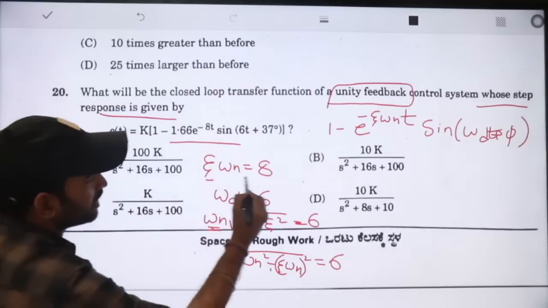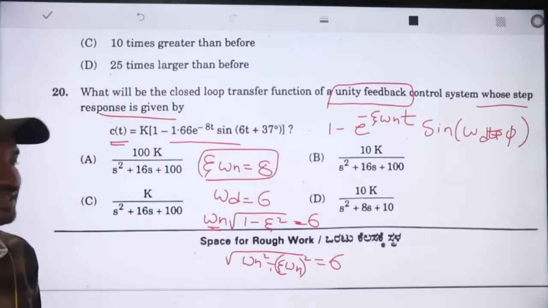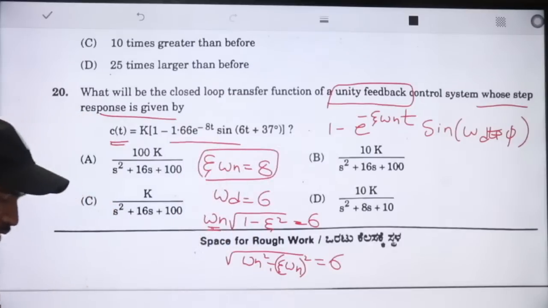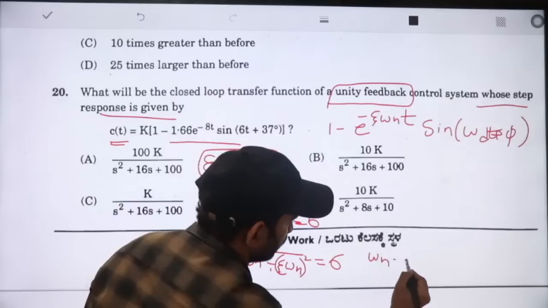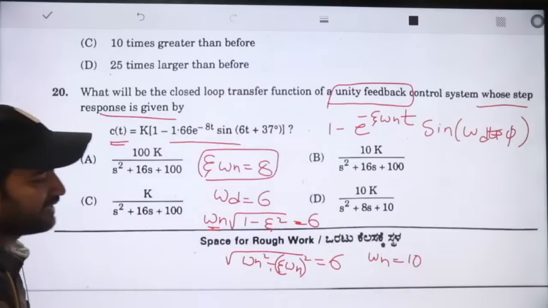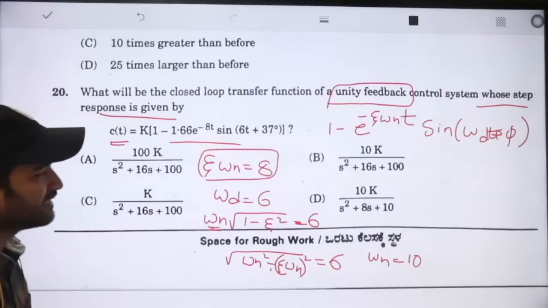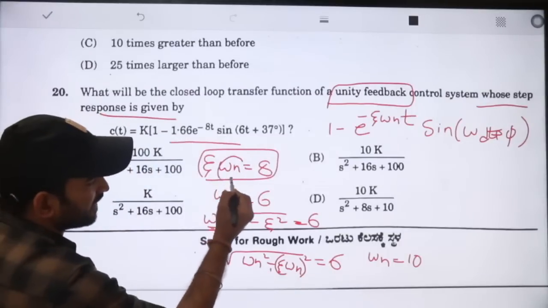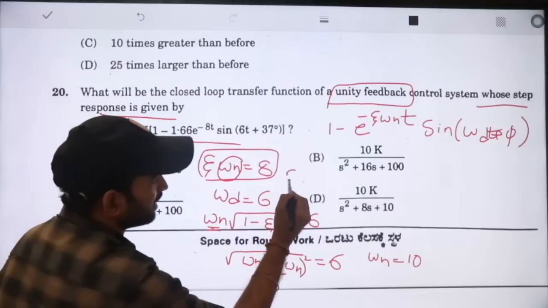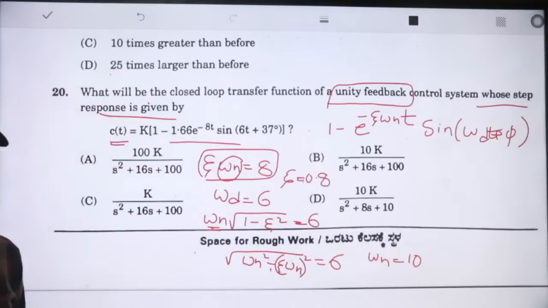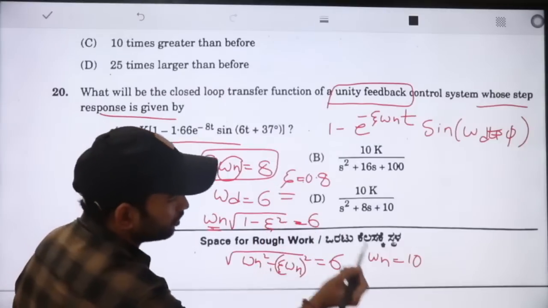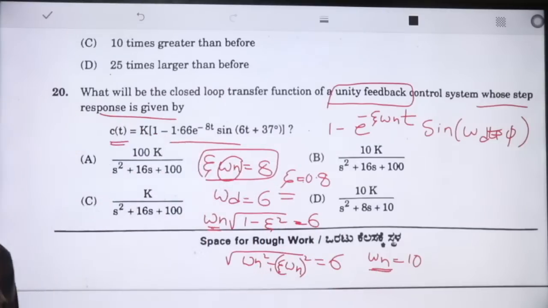We already know the zeta omega n value is 8, so you will get omega n equal to 10. If you substitute omega n equal to 10 here, you will get a damping ratio of 0.8. So if you know the damping ratio and the natural frequency omega n, you need to find out the transfer function.